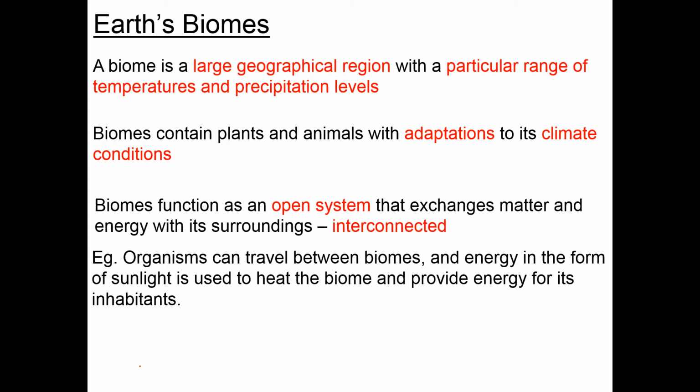As I mentioned here, organisms can travel between biomes, as well as energy. Energy of the sun can transform. So it's not as easy to determine exactly what a biome is. There are no set cutoffs, but we still have some. We know that over large distances, Alberta is different from the rainforest in Southeast Asia.